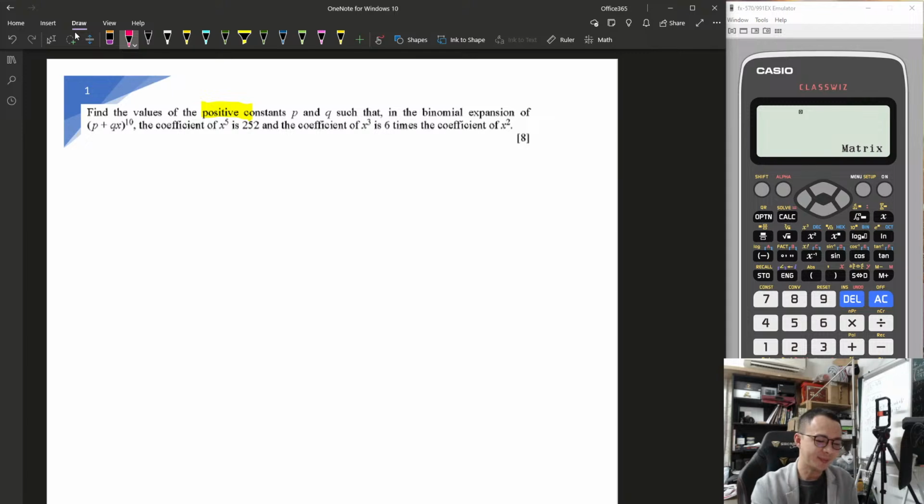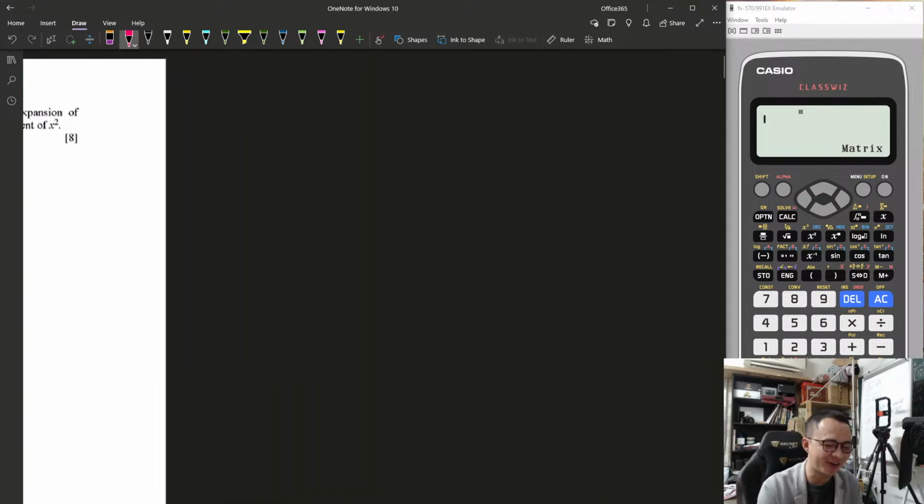Alright, okay, let me go through a little bit of the basics, since I worry some students maybe do not know how to do this topic. This topic is called binomial expansion. The purpose of this topic is that normally, let's say today I have (x + 2) squared.